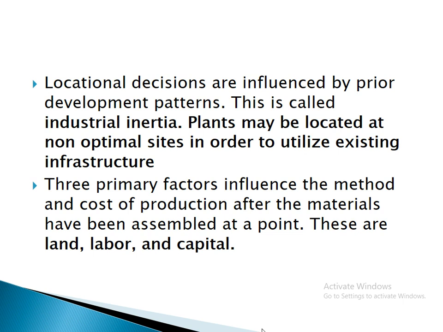Three primary factors influence the methods and cost of production after the materials have been assembled at a particular point. These are land, labor, and capital. Spatial availability and the cost of land, and the availability of skilled or unskilled labor, impact the location of the production process.